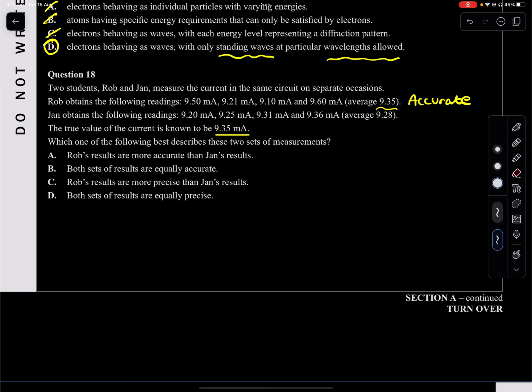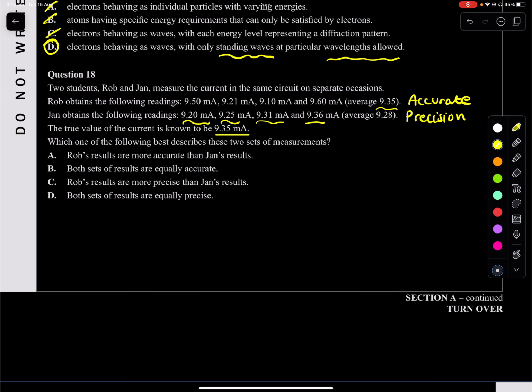Whereas if you look at Jane's, she got 9.2, 9.25, so she's getting closer to that 9.35, 9.31, and 9.36. So she's very close to that 9.35. So normally we would say Jane has a higher precision than Rob.